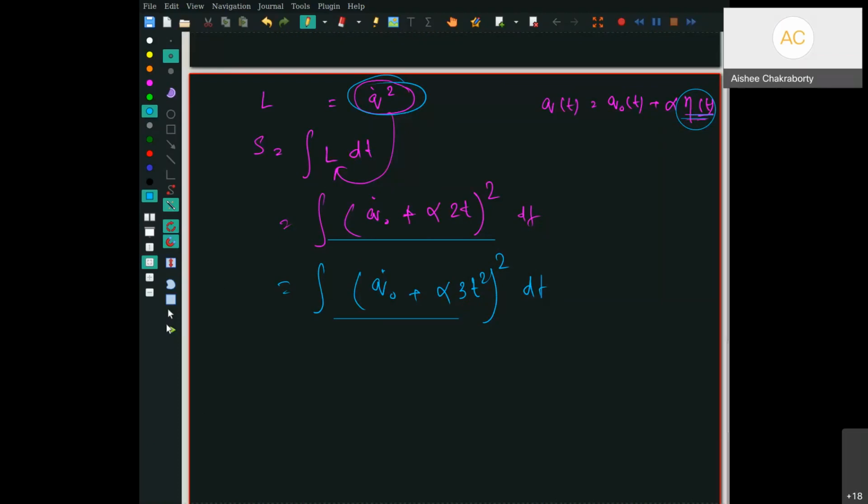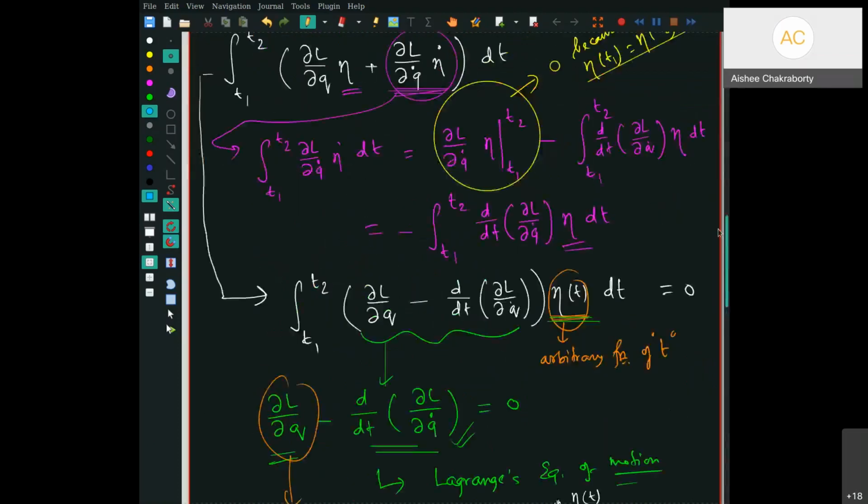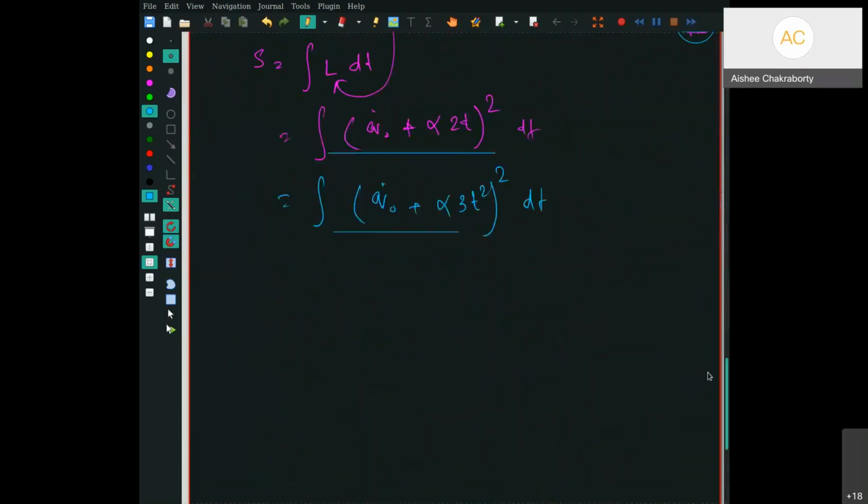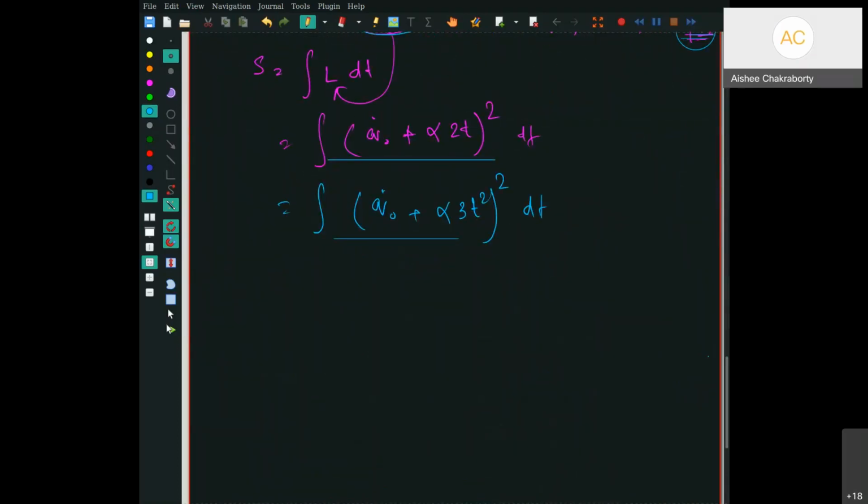If I square this term, q dot plus alpha 3t square, whole square, we will get q naught dot square plus 2 alpha q naught dot into 3t square plus 9t to the power 4 alpha square. Then the t terms will be integrated from t1 to t2 and the alpha terms will remain, and S will be a function of alpha.